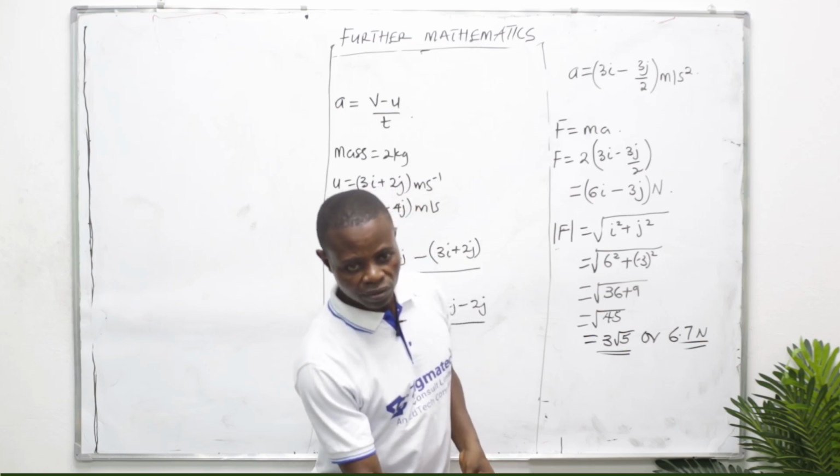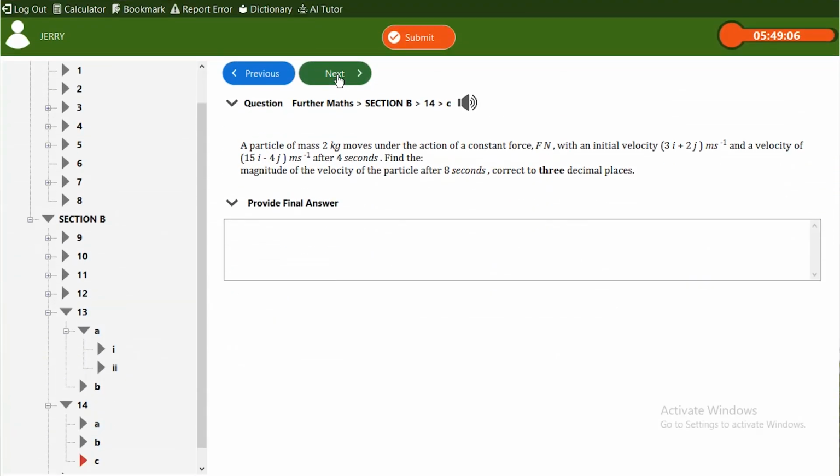Okay, find the magnitude of velocity of the particles after 8 seconds. One said magnitude of the force, the other one magnitude of velocity of the particle after 8 seconds. Good. So look at what you have to do here. Let's make use of this way.